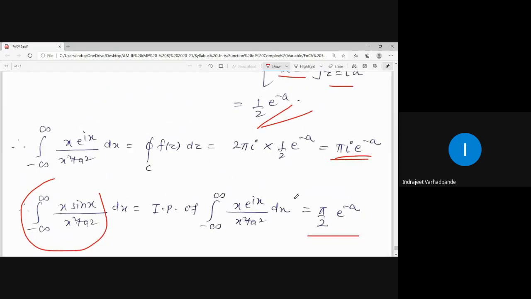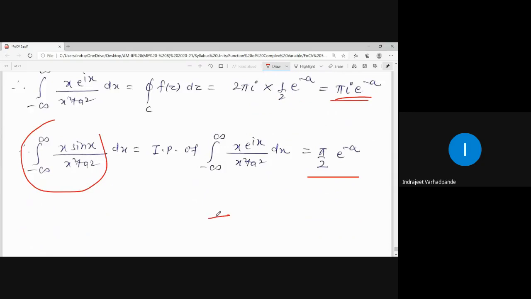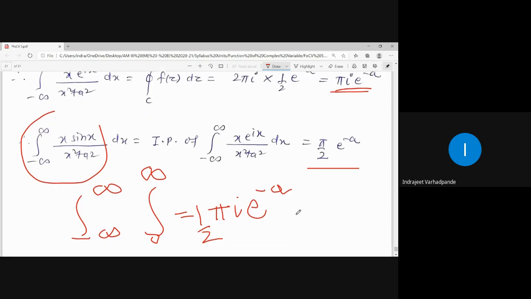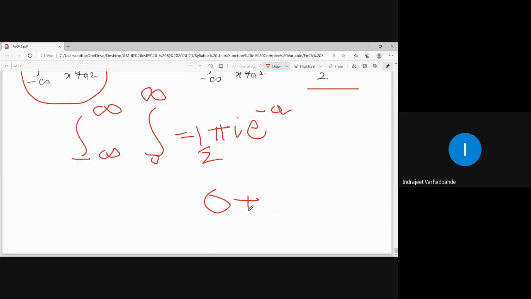We have calculated the value for minus infinity to infinity, but our requirement is for 0 to infinity, तो इसको हाफ से मल्टीप्लाई करना है. But this is your one complex number: 0 plus i into pi by 2 e to the power minus a.